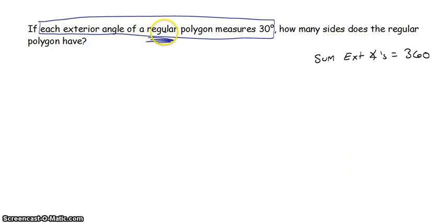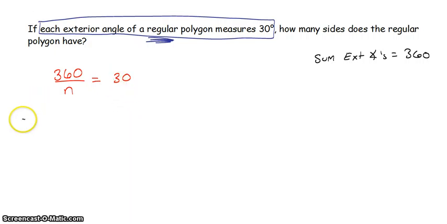Because it's a regular polygon, each exterior angle will be exactly the same measure, and they will add up to 360 degrees. So if you take your 360 degrees and divide by the number of sides, n, it will equal each exterior angle, which in this case is 30 degrees.